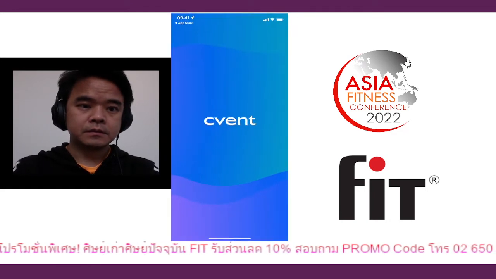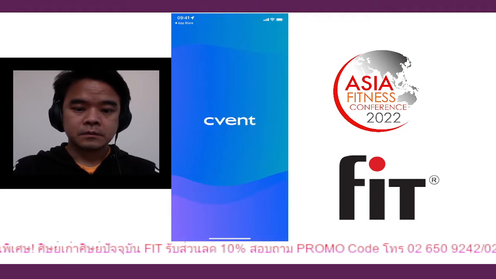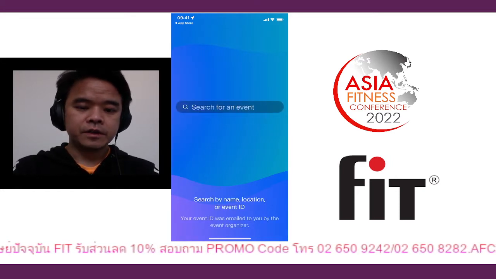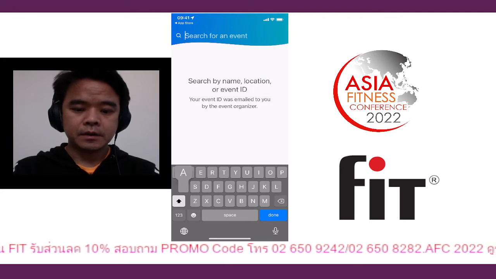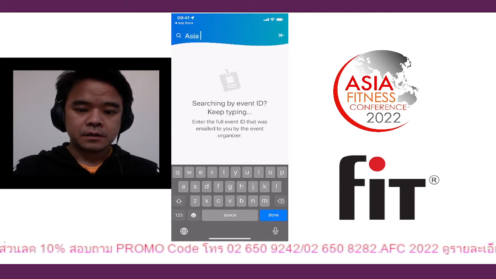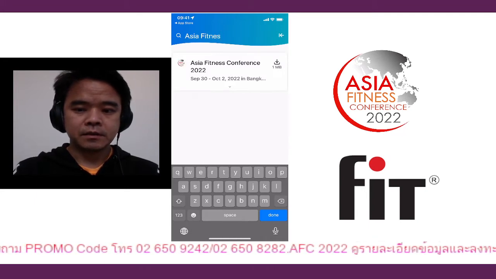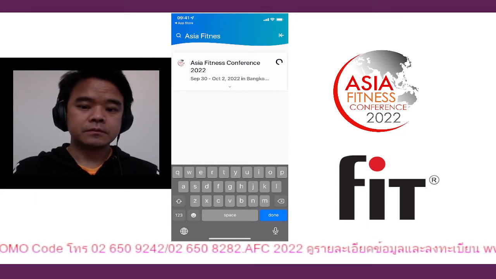Open. When you search for the event, you just type Asia Fitness. Alright, it's come up. Click download.